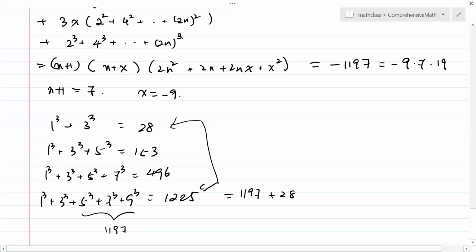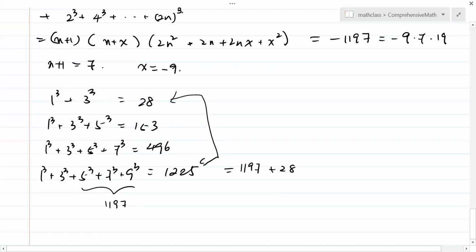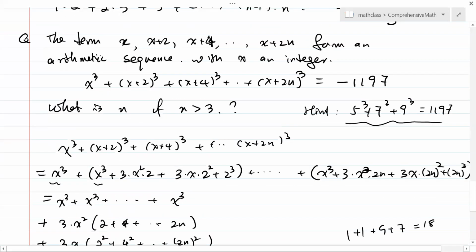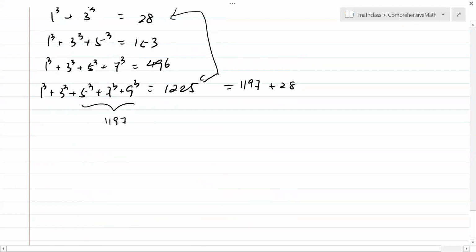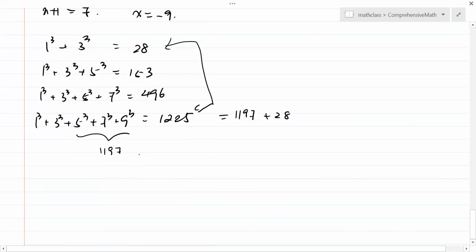Even some students get the fourth step. The fourth equation, probably they cannot recognize that 1,097 plus 28 is equal to 1,225. But if you get that part, then what we should know is x cubed plus, and you want to get negative. So that's fine.